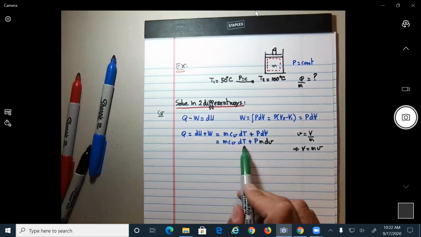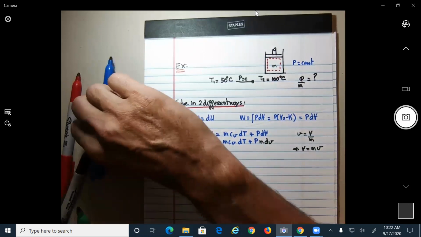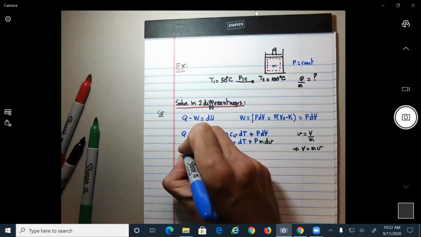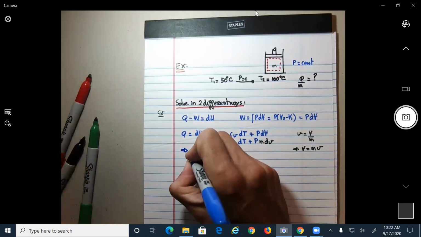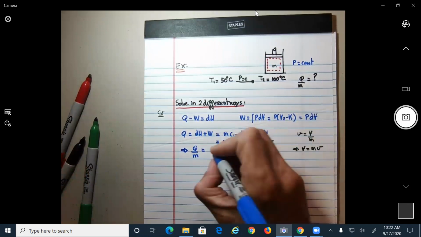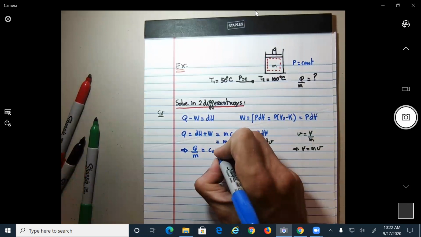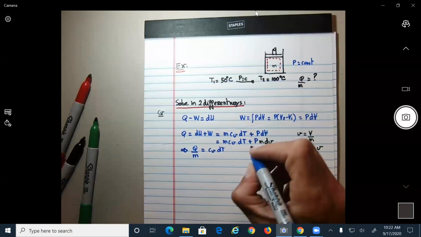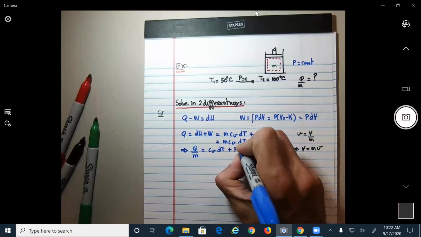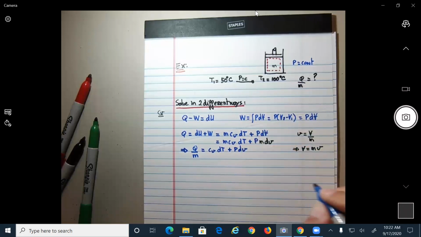So now we have the m on both sides, and I can just write Q over m, which is what I'm trying to find, equal to Cv dT plus P dv.